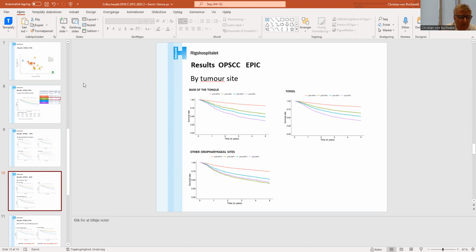The double positive cases with P16 positivity plus HPV positivity have a much better prognosis compared to the discordant situations or when the patient is double negative. And that's exactly the same image you almost see for the base of the tongue and the palatine tonsil. And it's almost the same as you see for squamous cell carcinomas located at other sites in the oropharyngeal areas than the palatine tonsil or the base of the tongue. So we see similar patterns for this.